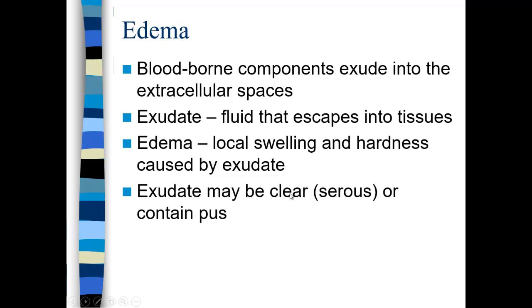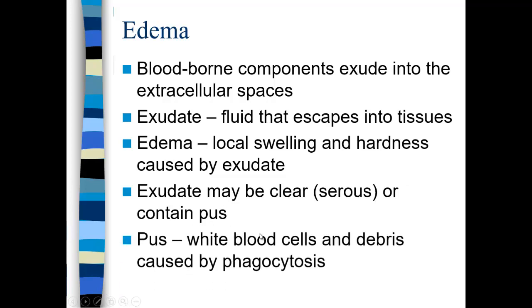Exudate can be clear, serous, or it can contain pus. When it contains pus, it basically has a mixture of white blood cells in it. So white blood cells and other debris caused by phagocytosis, in addition to white blood cells.